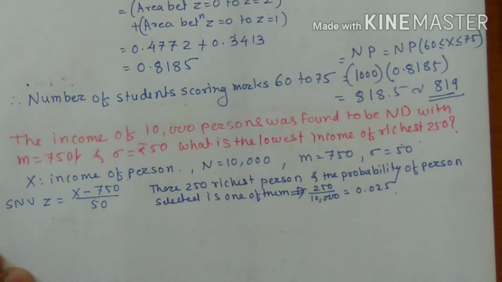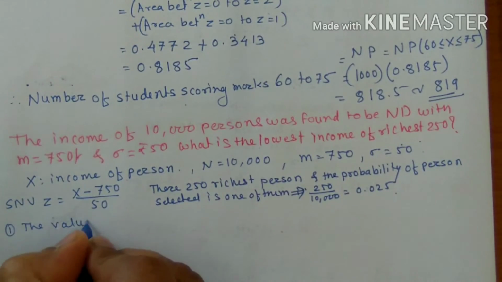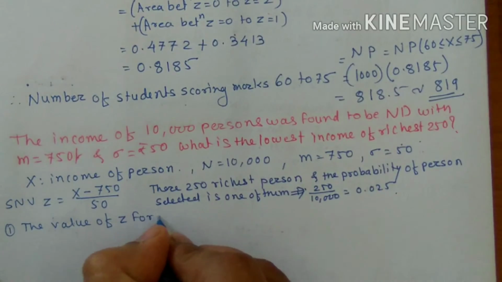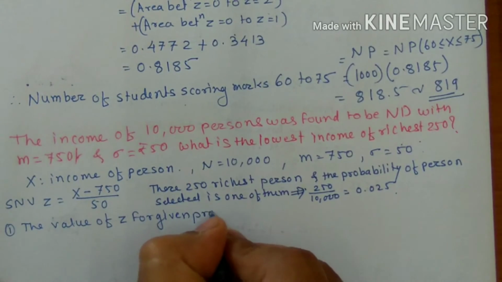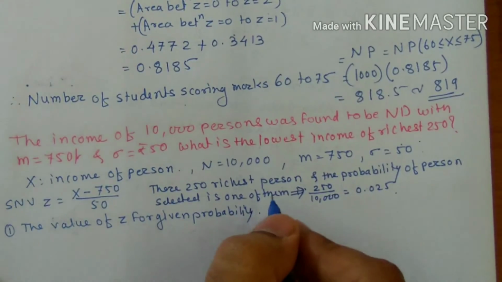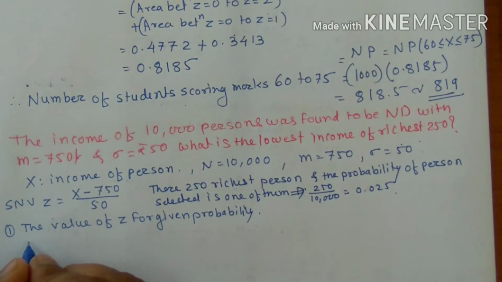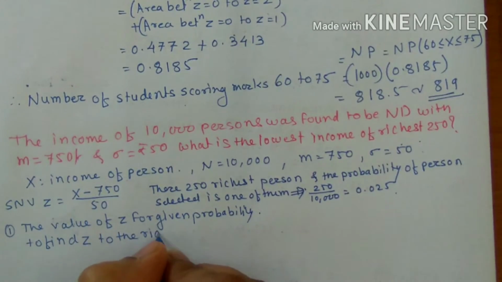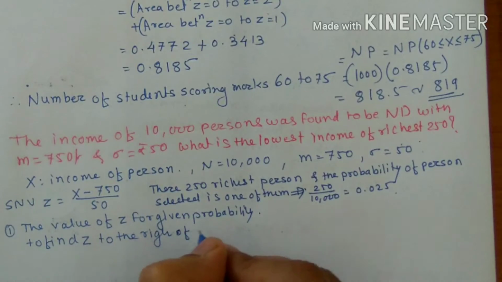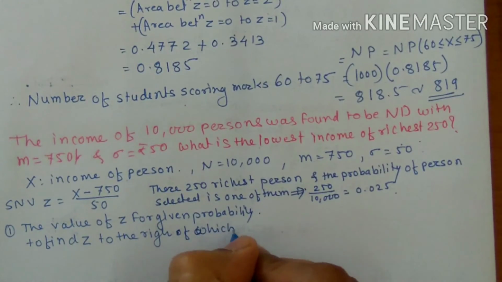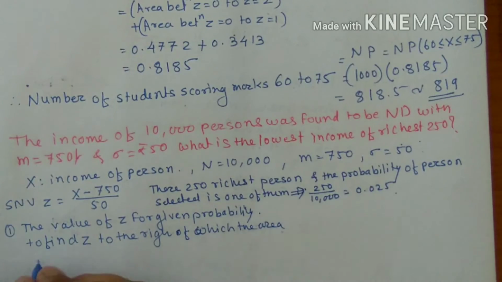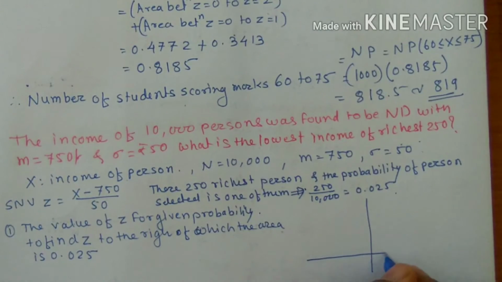That is, we have to find z to the right of which the area is 0.025. Now, why is that area 0.025?